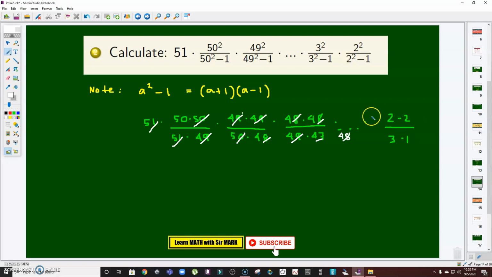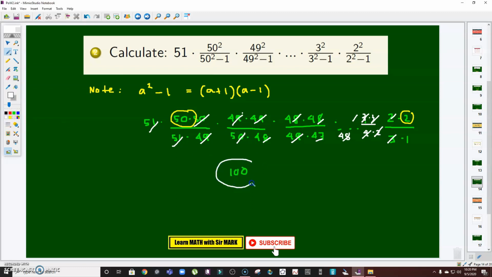Take note, prior to this one, meron kang 3 times 3 all over 4 times 2. Again, na-cancel yung mga yan. Ito, maka-cancel ng number prior to that. And this 1, 2, yung isang 2. Obviously, makikita naman natin what is left here is that 50 and 2. So, all you have to do is just to multiply it. The product of this one is actually 50 times 2 or simply 100.